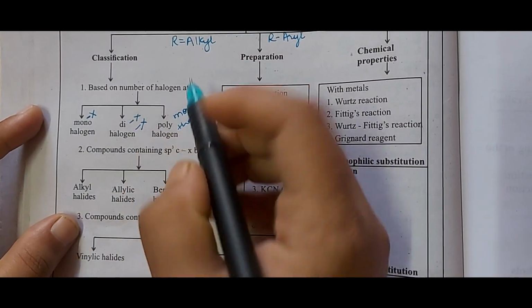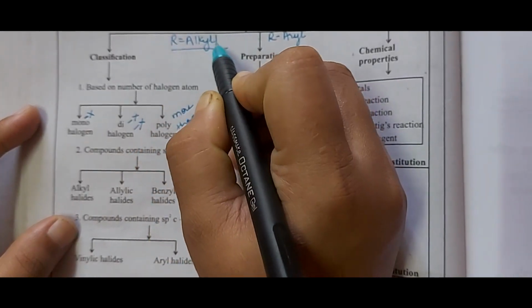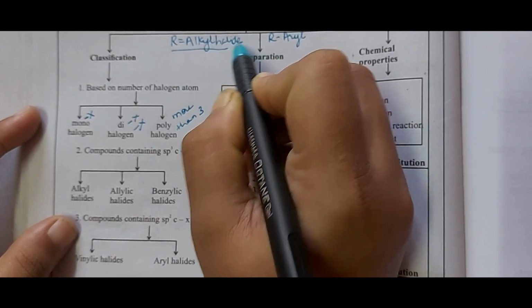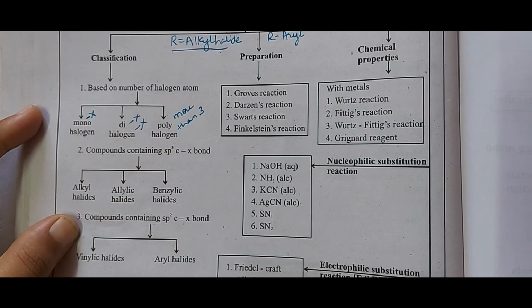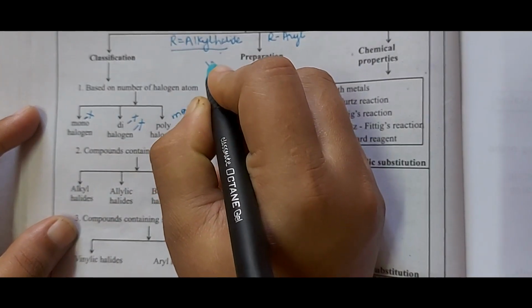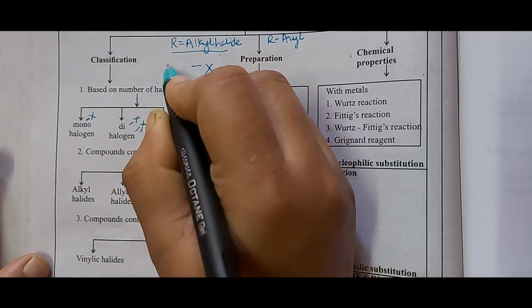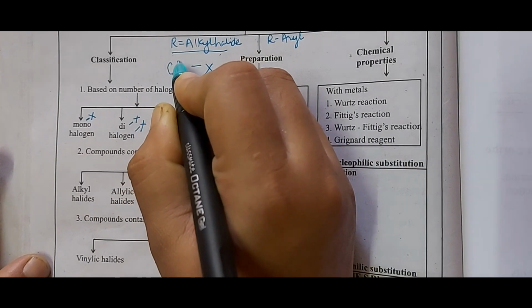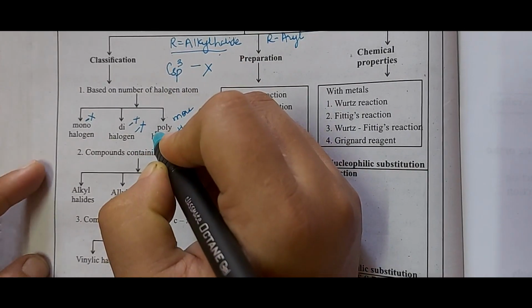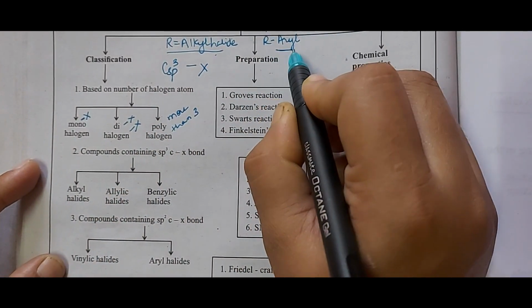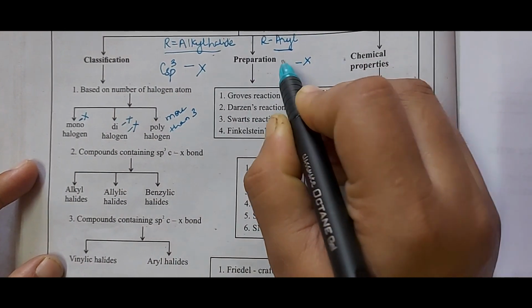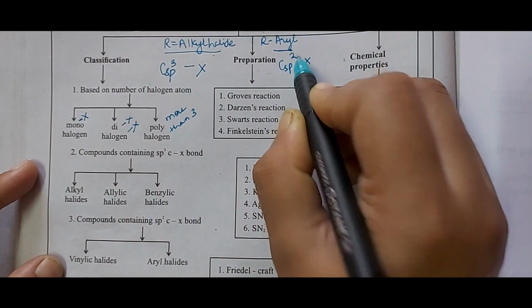Similarly, in case of an alkyl halide, the halogen should be bonded to a carbon atom which is sp3 hybridized, and in case of an aryl halide, the halogen is bonded to an sp2 hybridized carbon atom.